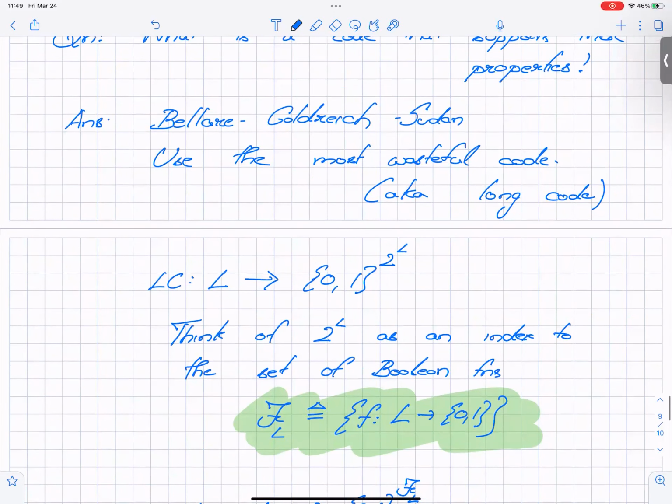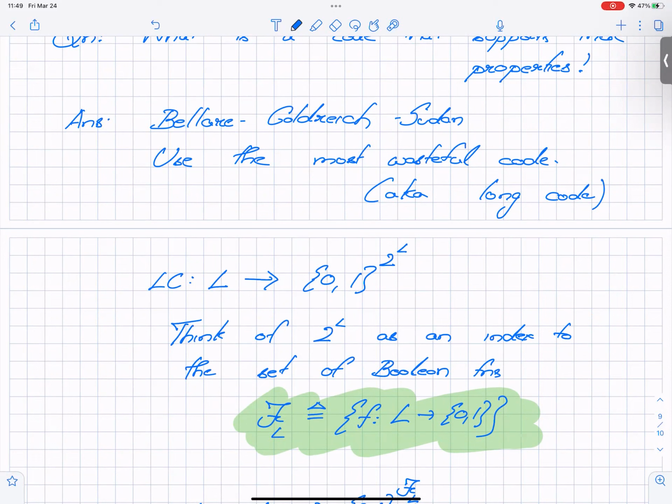BGS suggested actually using the long code, and they came up with some analysis, but not the optimal analysis. And Johan Hastad then subsequently gave a Fourier theoretic analysis of the long code. So we need to do two things.